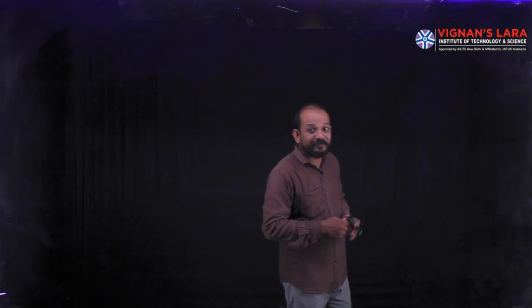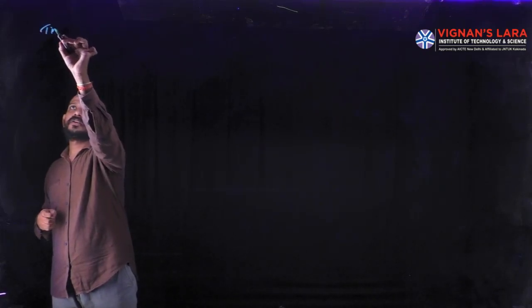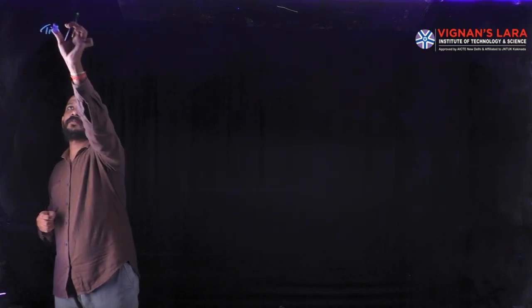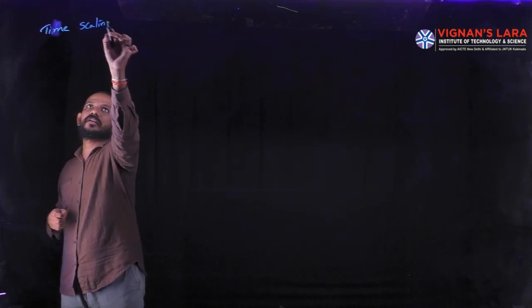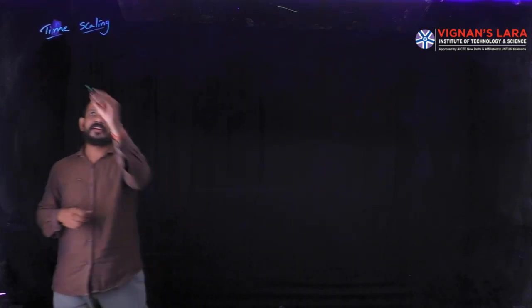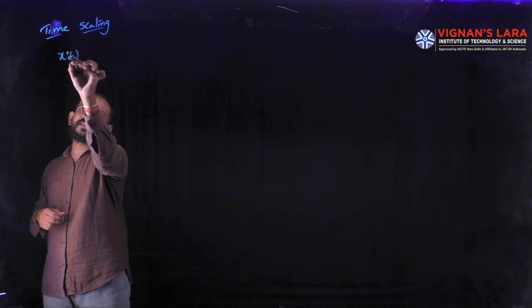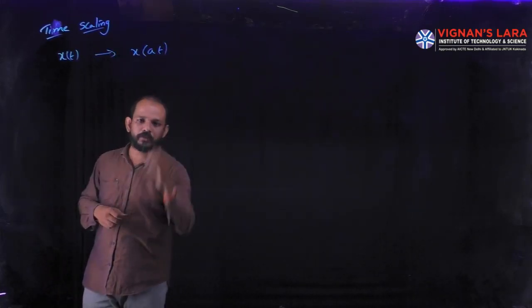Now we'll go for the time expansion in time scaling. I'm explaining to you about the time scaling operation. The time scaling operation on a signal x of t can be expressed as x of a t.